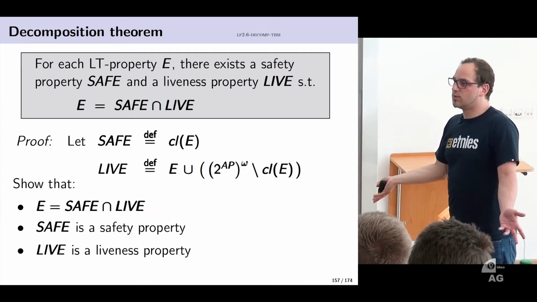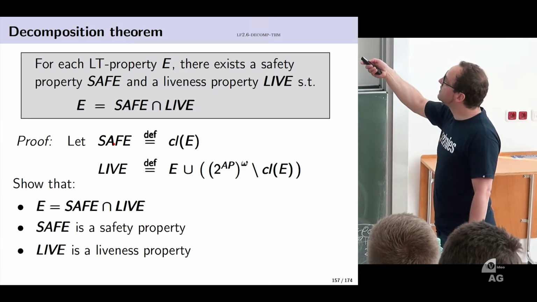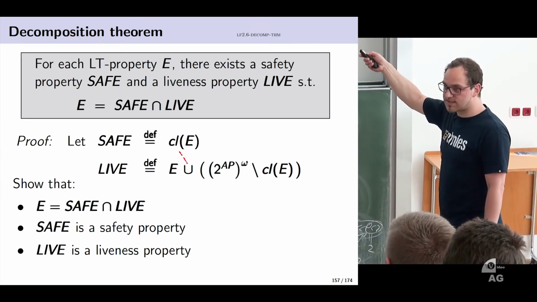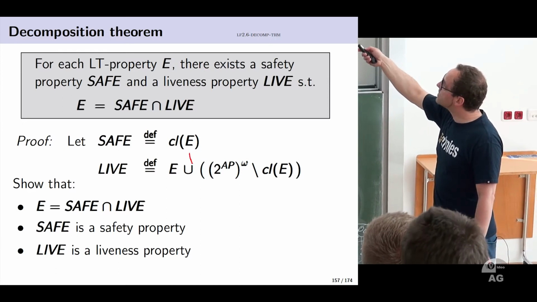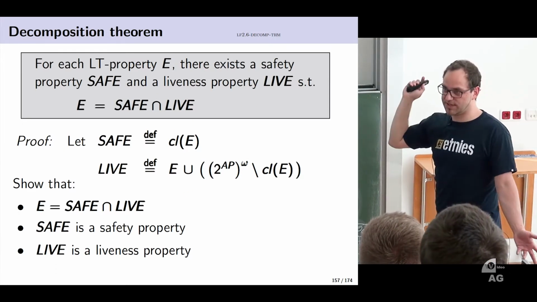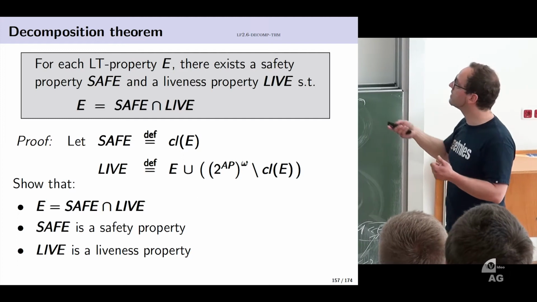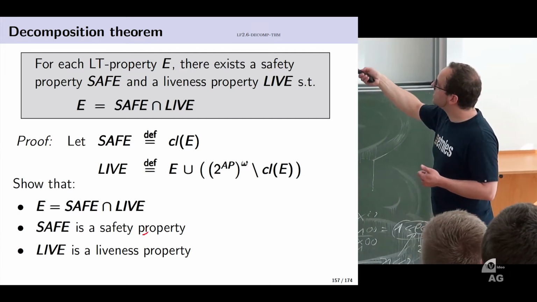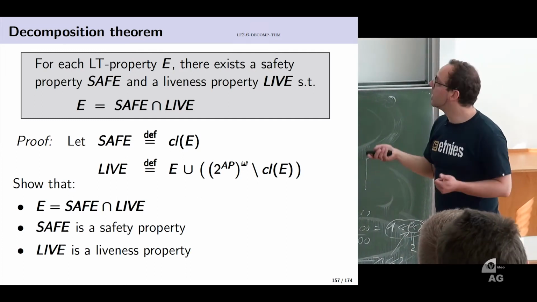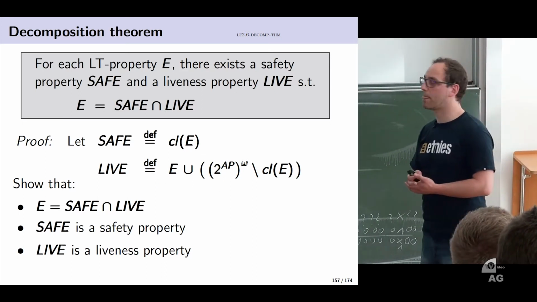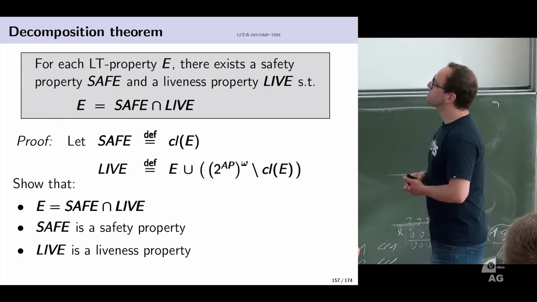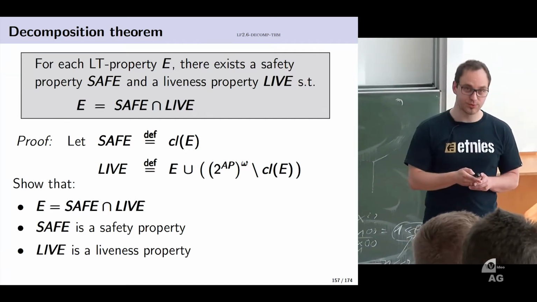But obviously, we still have to show that if you define safe and live like this, then, first of all, the intersection of the two is again the property E. That's one thing. We need to show that safe is a safety property, and that live, as defined here, is a liveness property. And we're now going to do that.